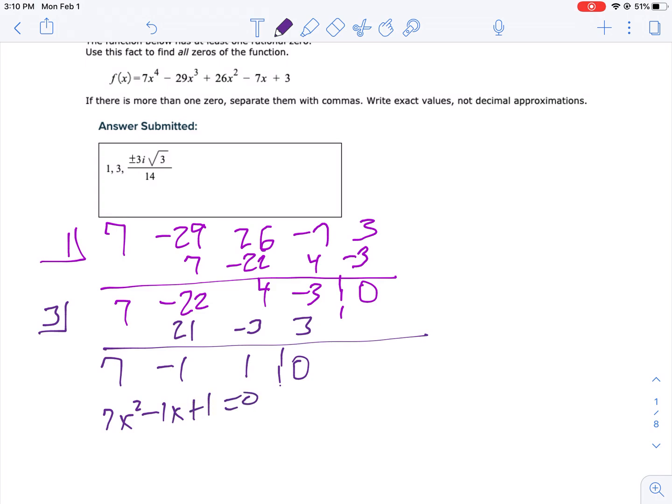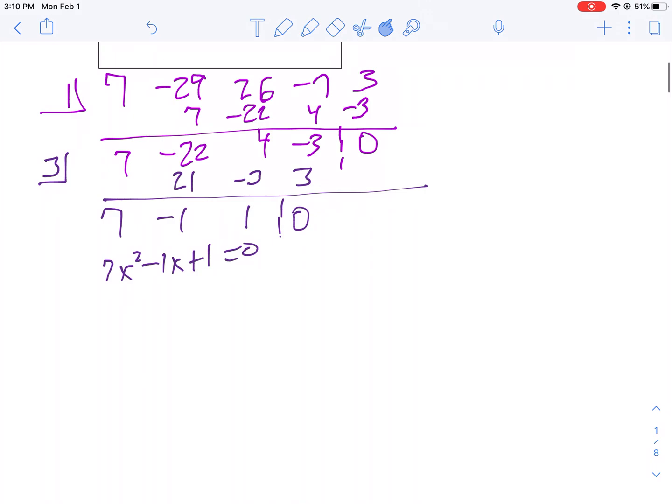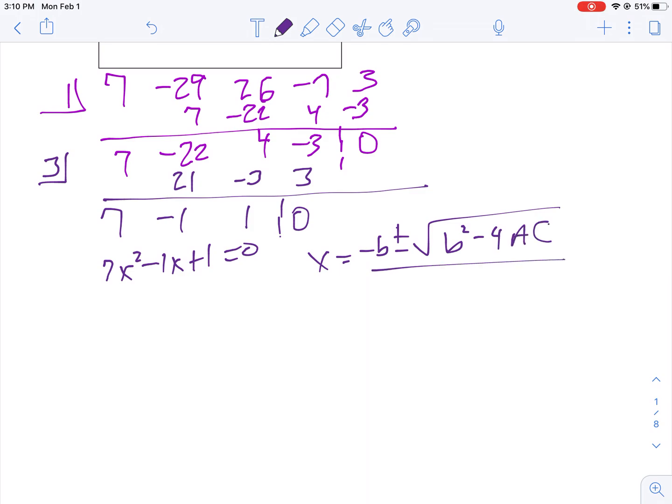I don't think that factors, so I'm going to use the quadratic formula to find the roots. So x equals negative b plus or minus the square root of b squared minus 4ac, all over 2a. A is going to be 7, b is going to be negative 1, and c is going to be 1.